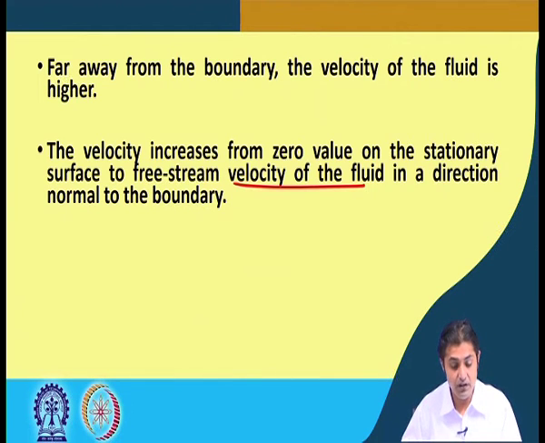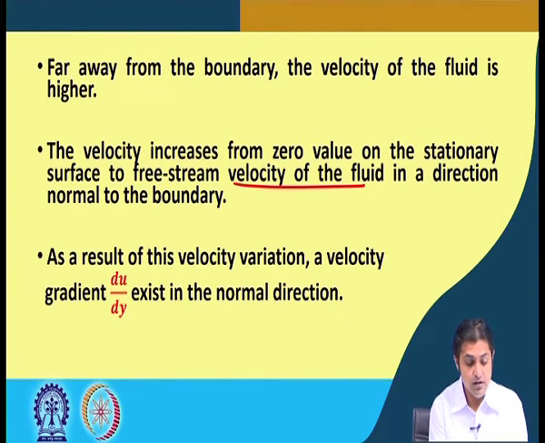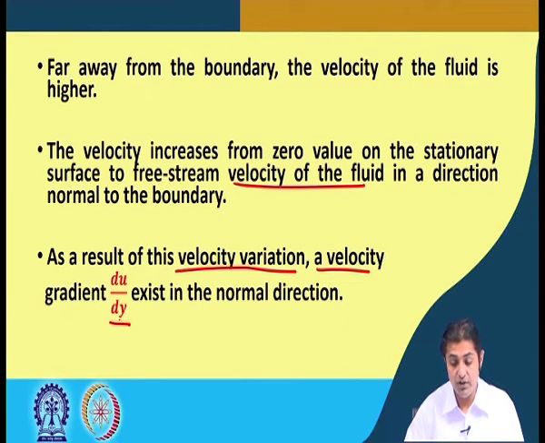If it is moving, then the velocity at the boundary is going to be the velocity of the surface. Because of this phenomenon, there is a velocity variation, and this gives a velocity gradient du by dy which exists in the normal direction.